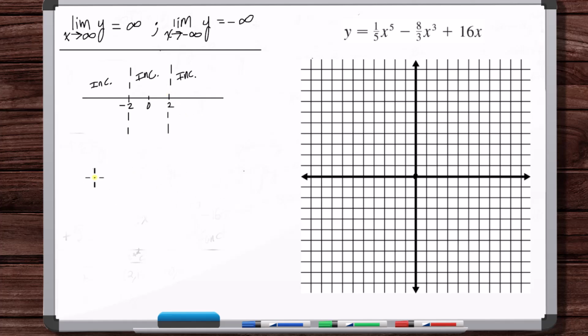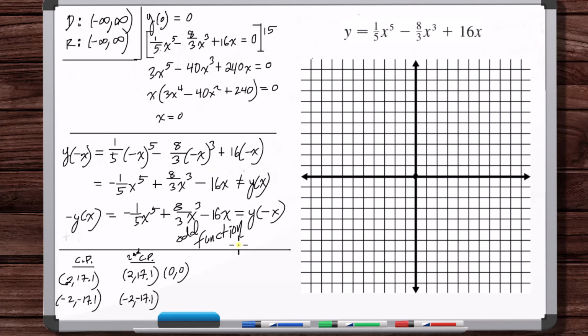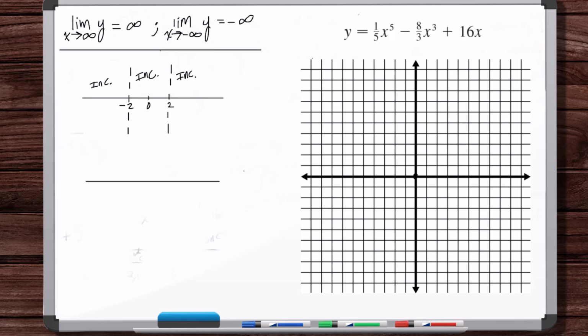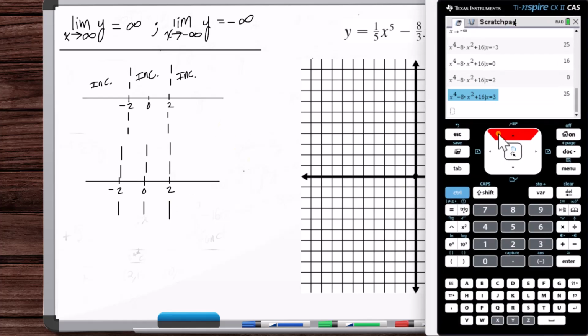Okay, so now the intervals of concavity, we've got 3 critical points with respect to the second derivative: 2, minus 2, and 0. So now let's get the second derivative.